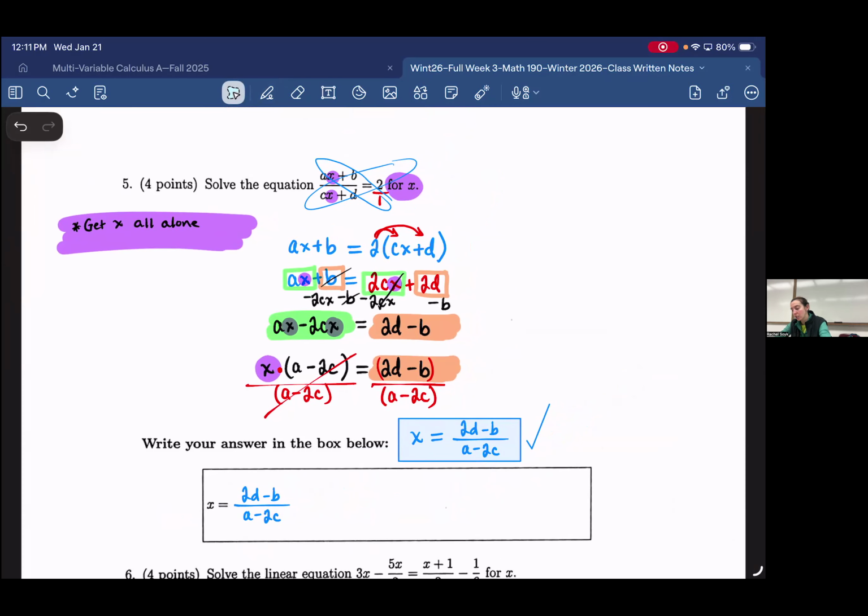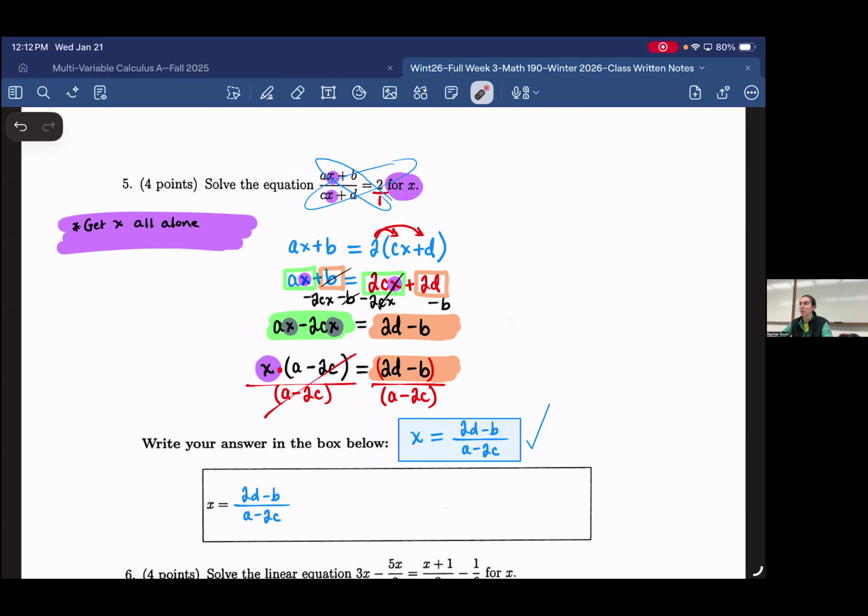So starting from up here, instead of the cross multiplication, you can multiply both sides by cx plus d, or you can divide both sides by ax plus b, but you can't just divide these terms separately. Yeah, because it's separated by a plus, you have to treat it as the binomial as a whole. Yeah. Mm-hmm.